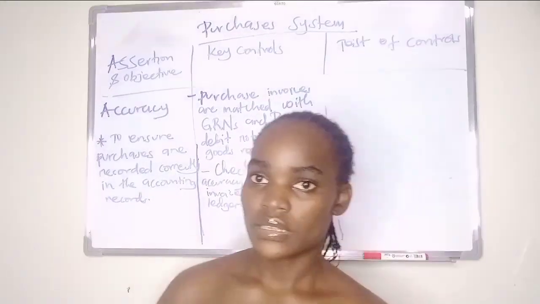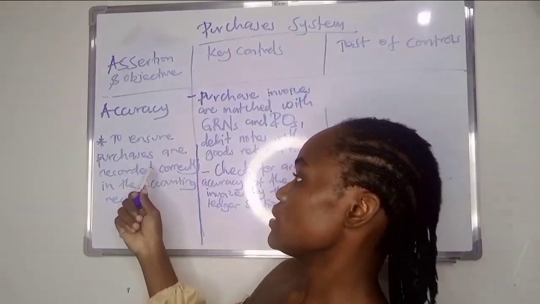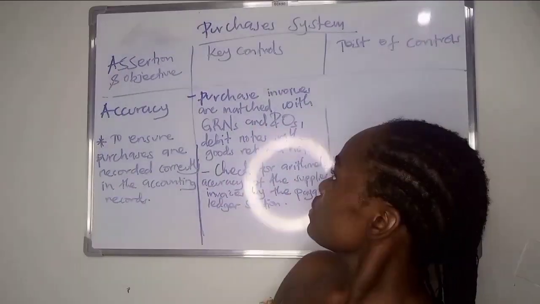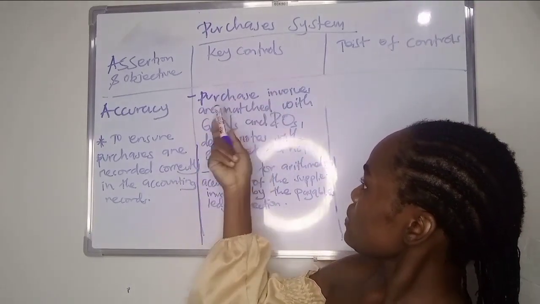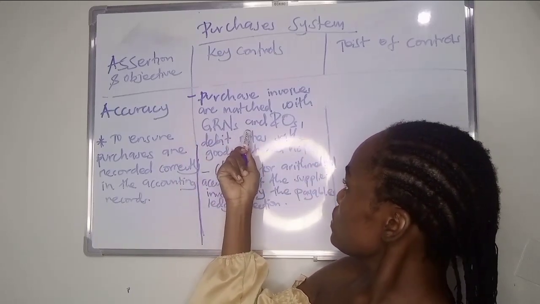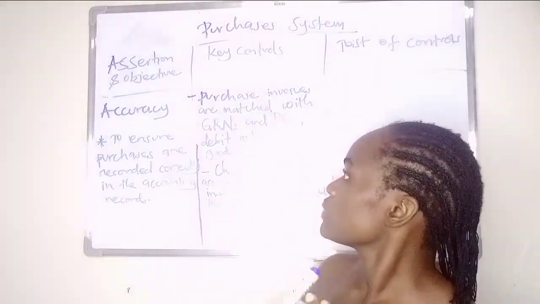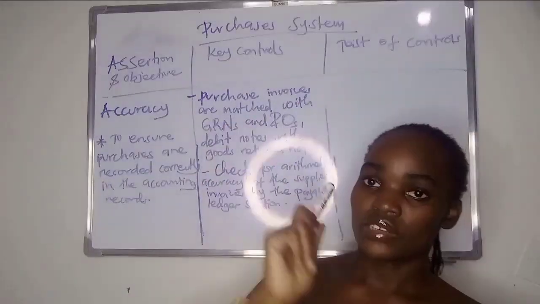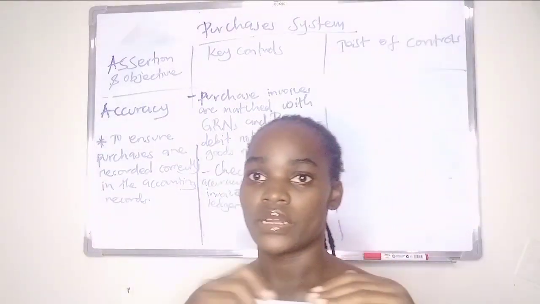So these are some of the controls that can be used to ensure that purchases are recorded correctly in the accounting records. So the first one is purchase invoices are matched with goods received notes and then purchase orders. You match the purchase invoices with the goods received notes and then purchase orders to see if they match.